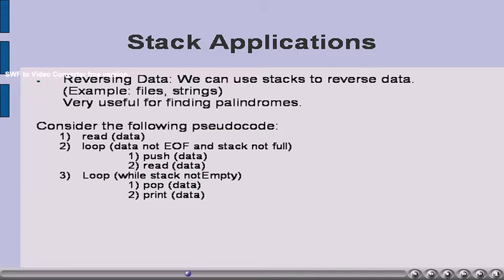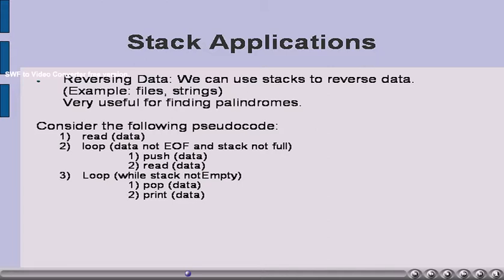In summary, we can read character by character till we encounter end of file or till we encounter a null character in the string, and push each character into the stack. Then we go on popping the items from the stack and compare with the first item of the string.